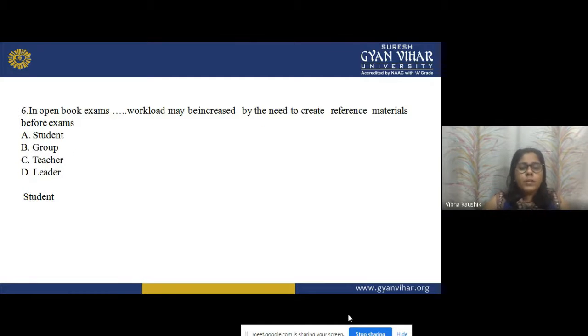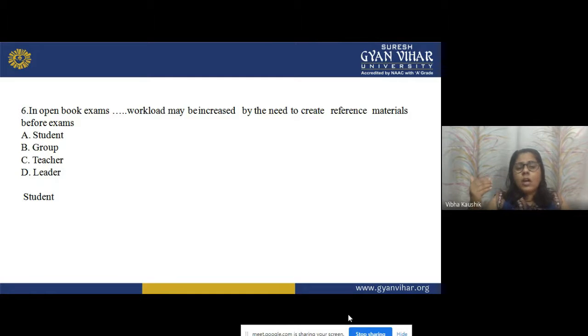In open book exams, dash workload may be increased by the need to create reference material before the exam. Whose workload will be increased when we are using open book exams? Now, the options are A. Student workload will increase, B. Group, C. Teacher workload will increase, or D. Leader.